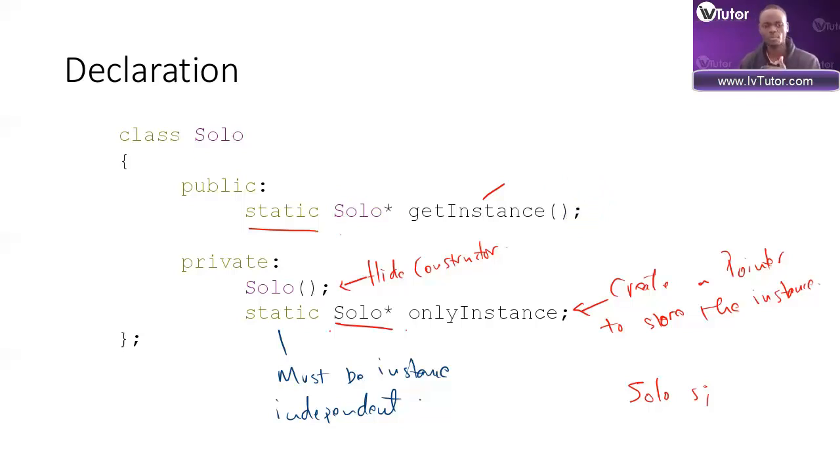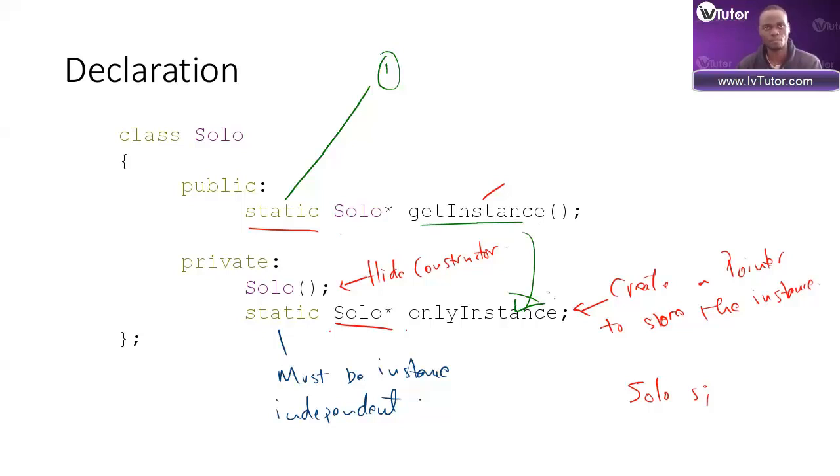So we can talk about two reasons why this becomes static. Number one, you can't use a static variable inside a non-static function, right? So because this function requires access to this static member variable, it also has to become static.